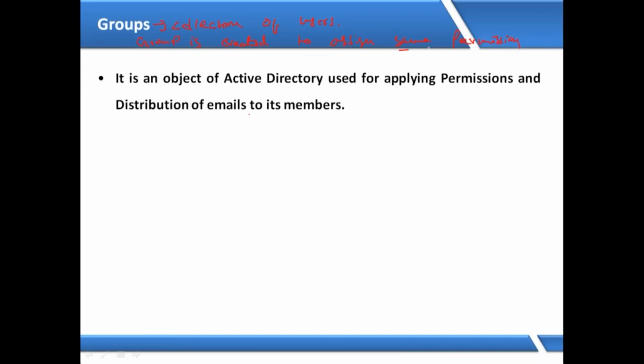The keyword is same permission. So a group is a collection of users which is created to assign the same permission to multiple users. Group is also one of the objects of the Active Directory which can be used to apply the same permission. The keyword here is applying the same permission to multiple users.